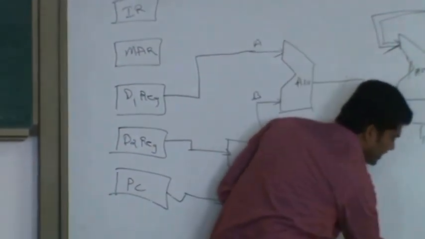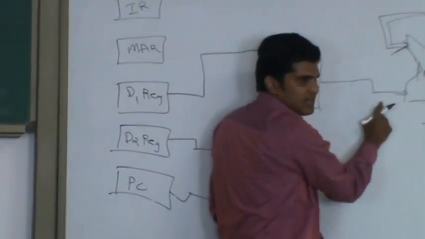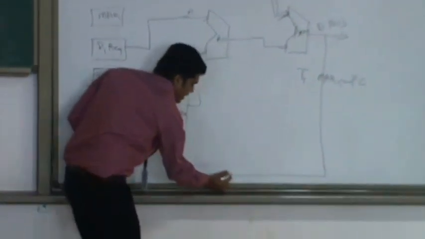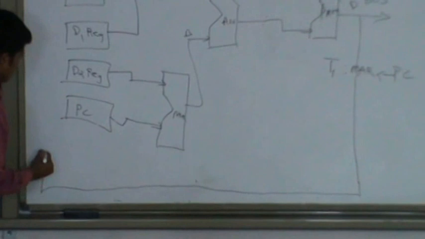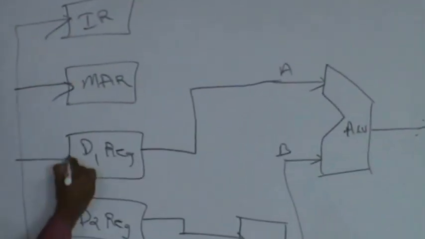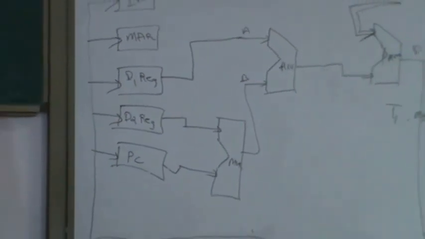So we need to draw the contents. As of now, the multiplexer is selecting this line. After that, it has to be given to the MAR. So I am connecting, I am making things complicated here. Yes.